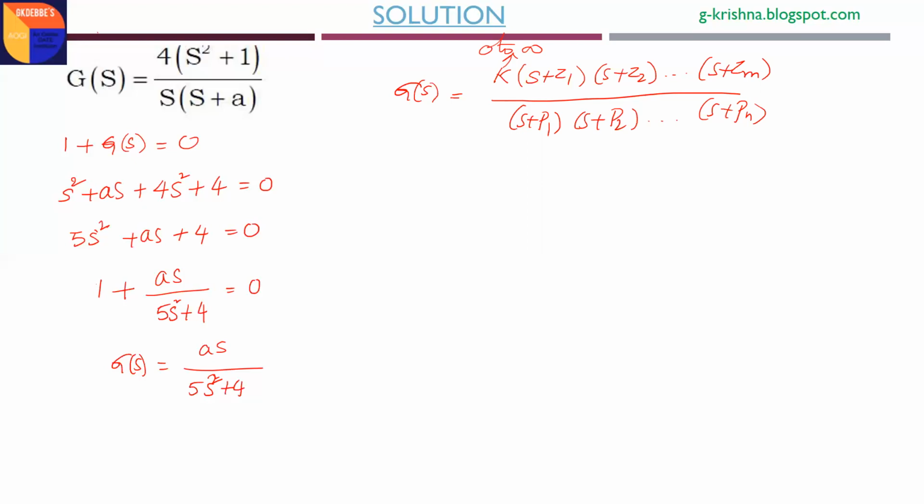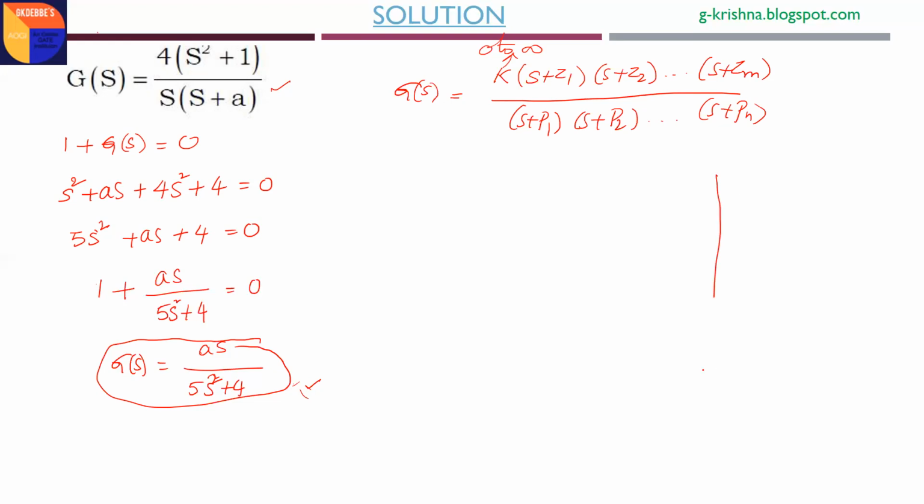Here the variable parameter is given as a, so this is the open loop transfer function which you have to take. This open loop transfer function and the original one have the same characteristic equation, but keeping it in this standard format, we can draw the root locus easily using the Evans method.